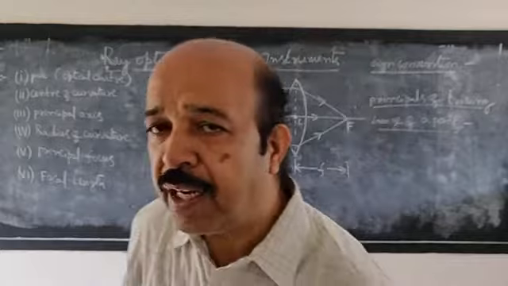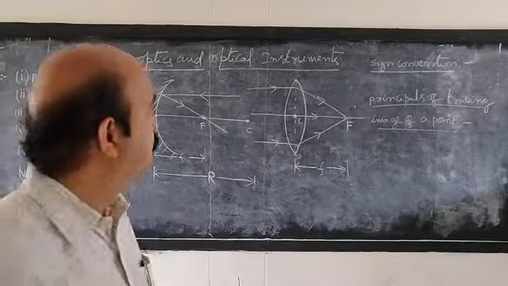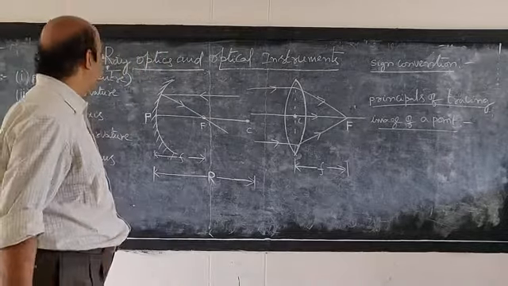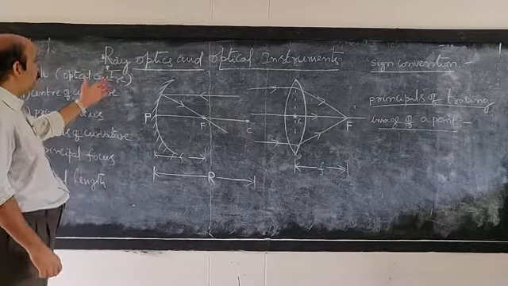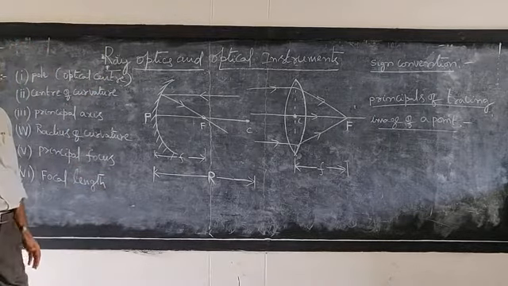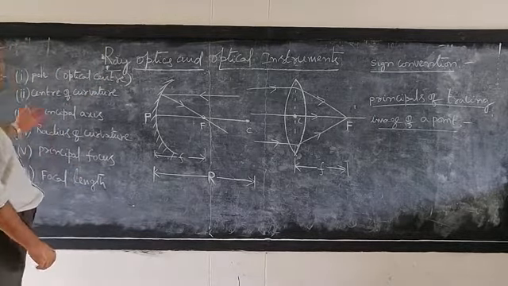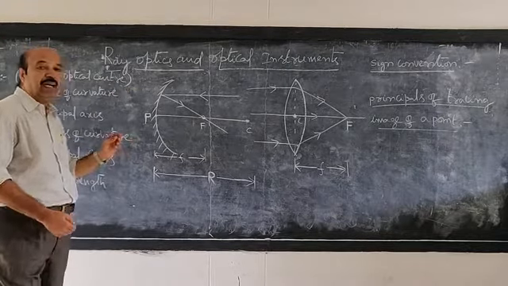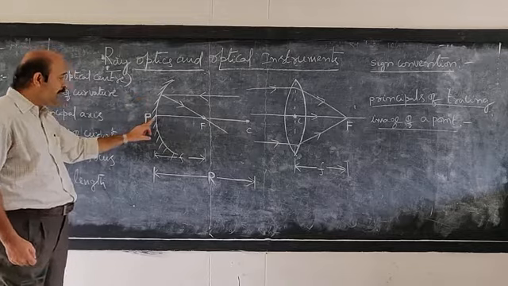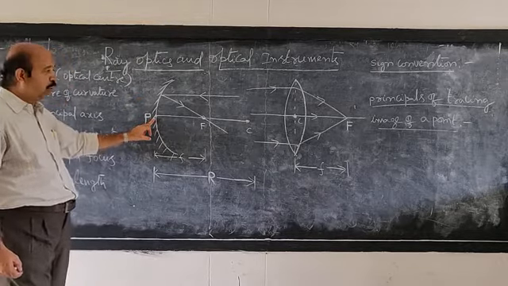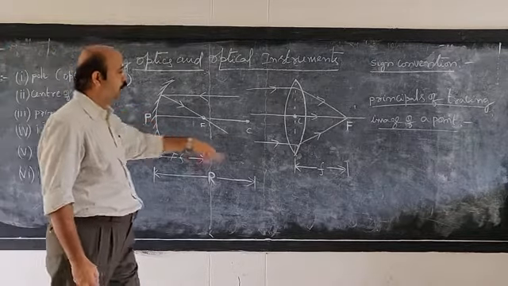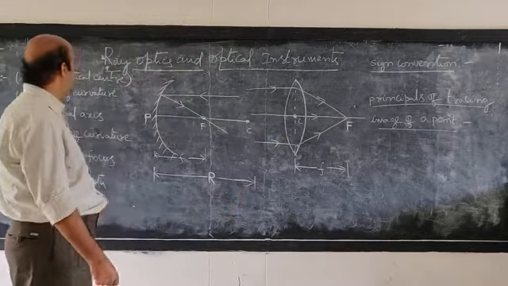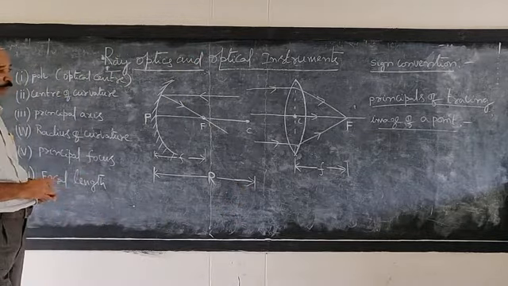Now let us come to some definitions. Here there are some important terms about which you are supposed to know. What is pole? In the case of a mirror, the geometrical center of the mirror we call the pole, whereas in the case of a lens, the geometrical center is known as the optical center.